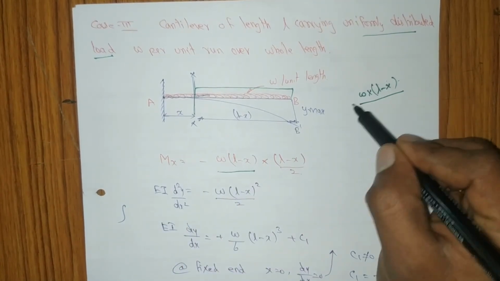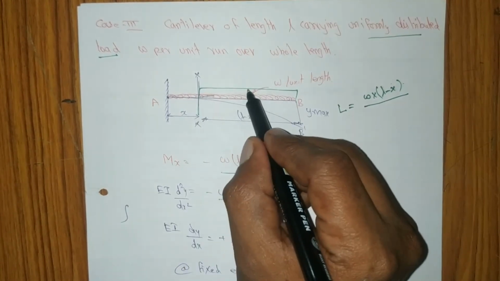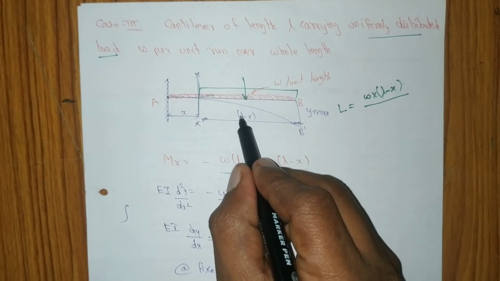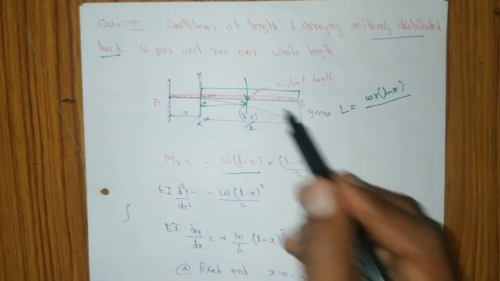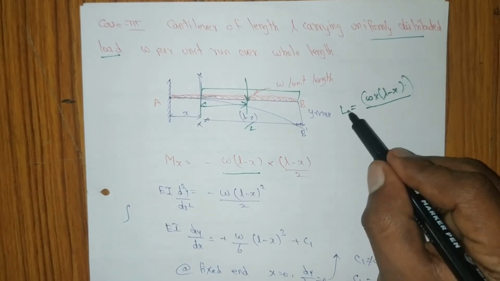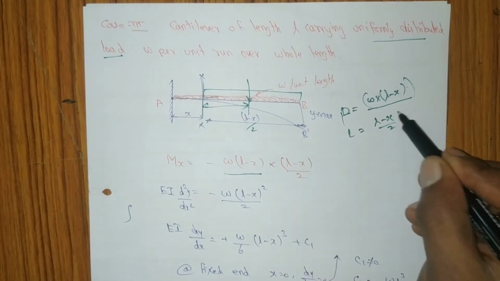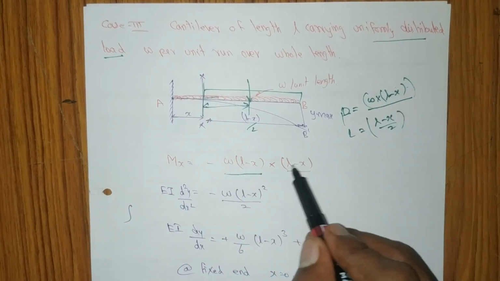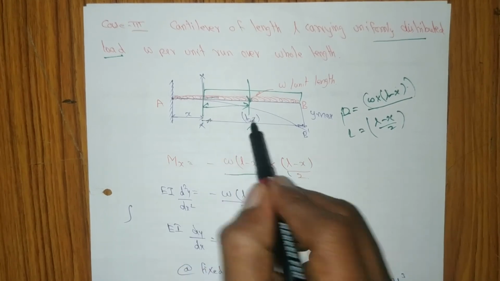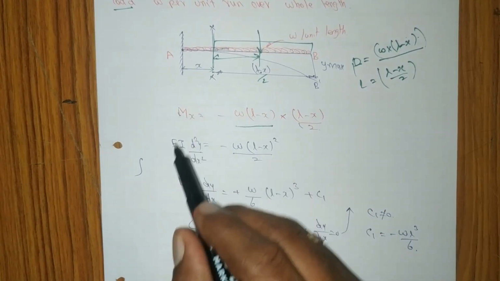This is a point load, and that load will act at the middle of the section, that means (L minus x) divided by 2, half of the distance. So this is a force, and the length is (L minus x) divided by 2. So W into (L minus x) is the force, into the perpendicular distance.